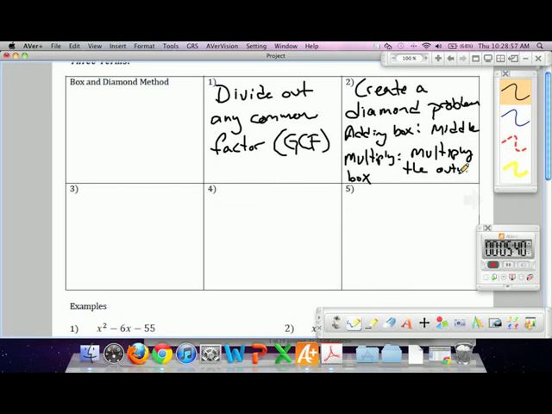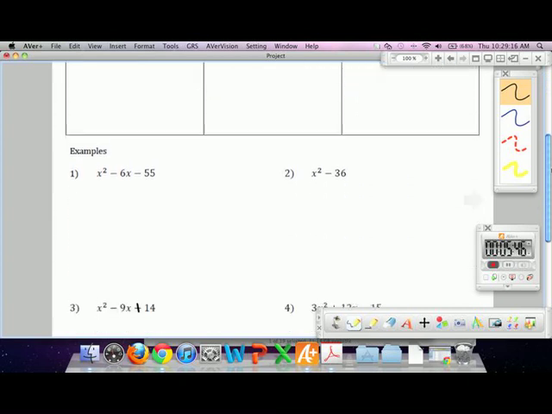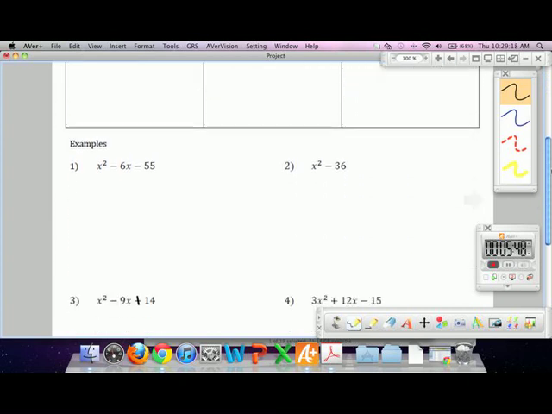That'll look like this. So for example 1, first we'll create our little diamond problem. In the adding box, which is down below, goes the linear term, or the middle one. So the middle term of what I'm trying to factor is negative 6x.